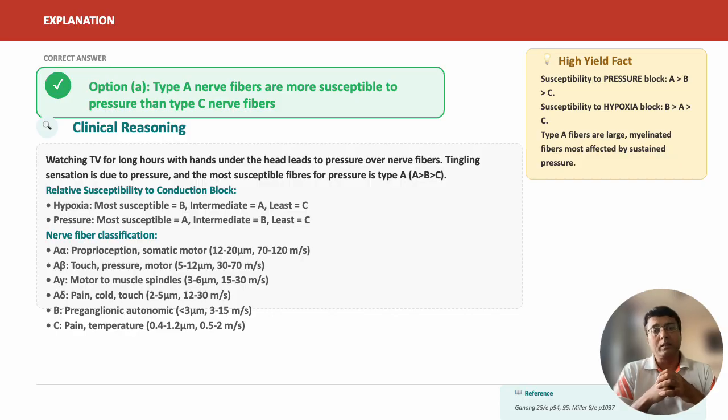Its dorsal root carries pain and temperature, and the other part is the sympathetic postganglionic. Whereas the B fibers are the intermediate fibers carrying preganglionic autonomic sensation.